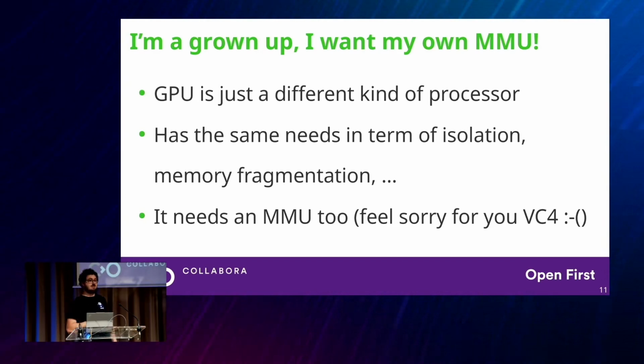I won't detail how those MMUs work; it's pretty much the same way it works for CPUs. I would defer you to the talk that Lorenzo gave on Monday, or there are plenty of other materials online that you can check to see what an MMU does and how it does it.